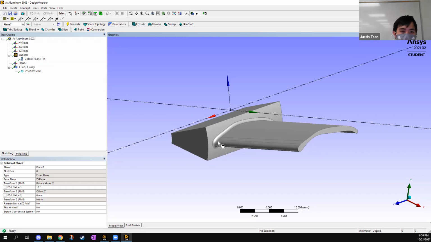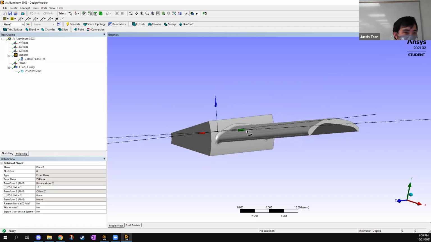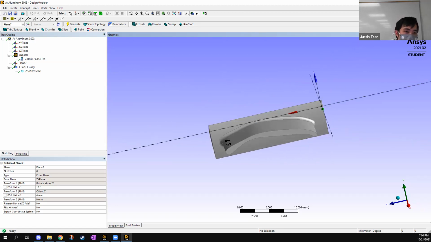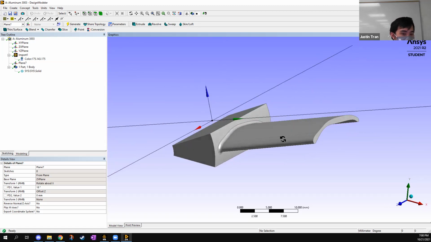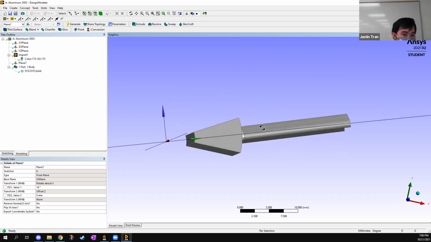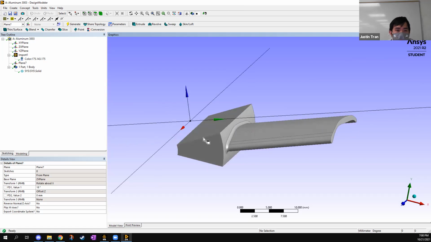I know one person in the class is basically saying that this is going to be an airfoil, or the cross section of an airfoil, and he's going to put drag and lift on this thing, which I think is really creative, and really cool too. So as long as it makes sense and you can explain why you're doing things a certain way, then that's fine with me. So be creative. I'm fine with that.